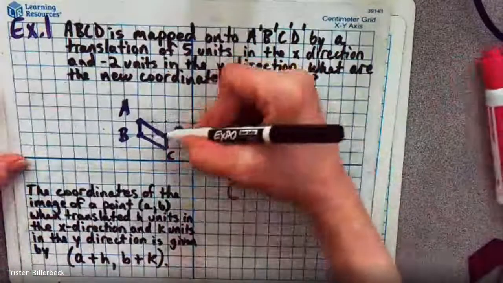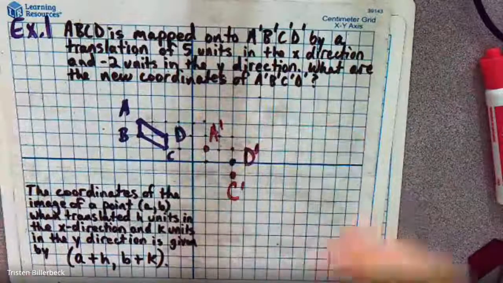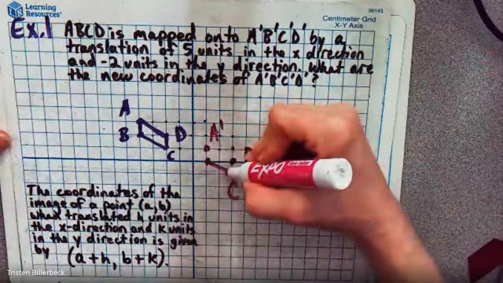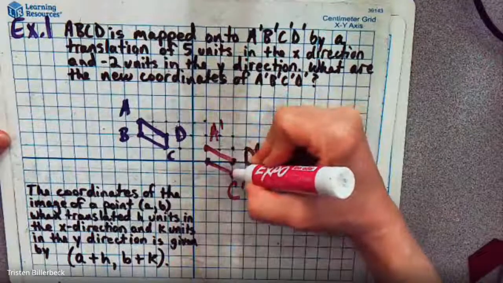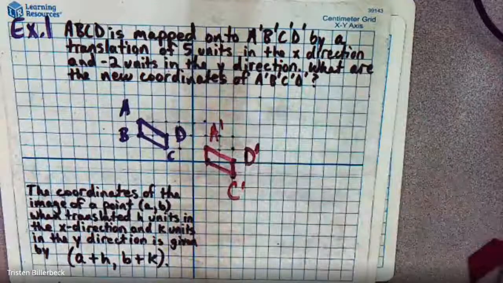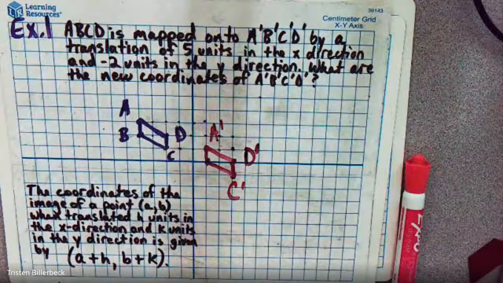And B is going to be 1, 2, 3, 4, 5, 1, 2. So if you notice, it's the same shape. It's just been moved in a rigid transformation of translation.